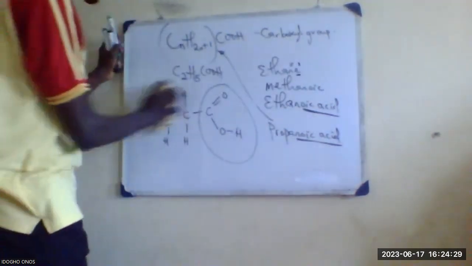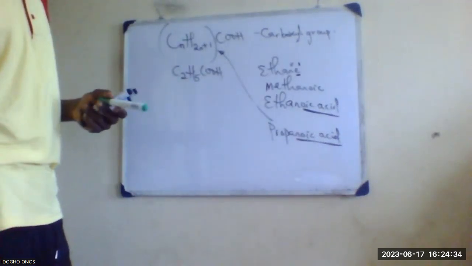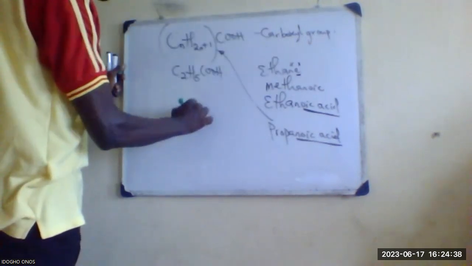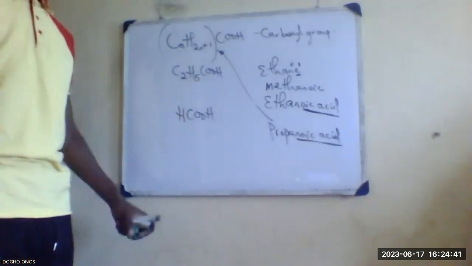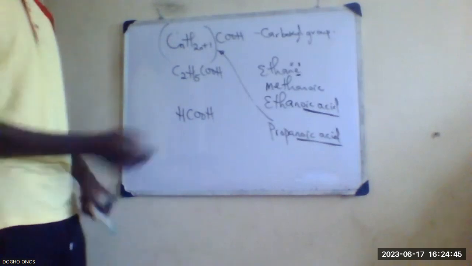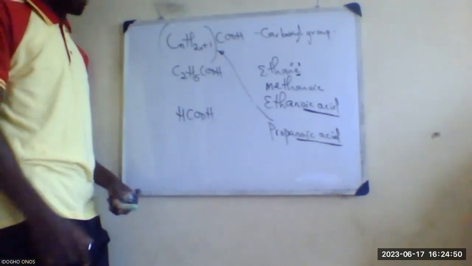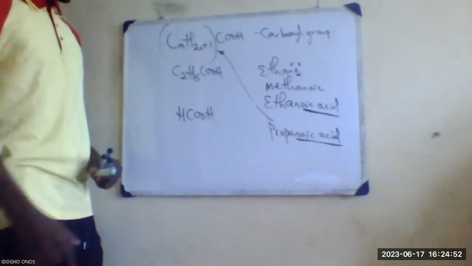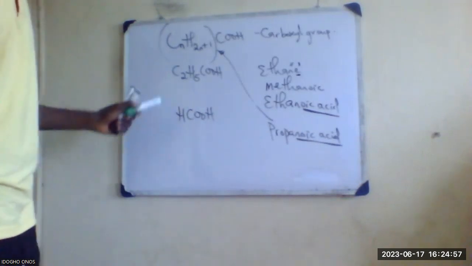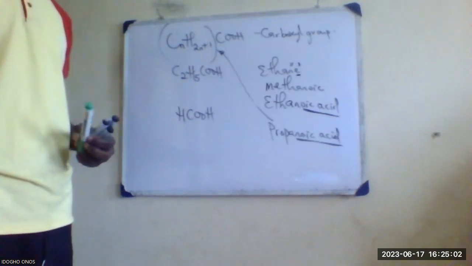So the problem now is, how do I draw methanoic acid? Because you know that meth is 1 carbon atom, right? So for methanoic acid, it is HCOOH. That's how it is written. And if you are teaching SS1 or year 1, methanoic acid is used in preparing carbon(II) oxide.